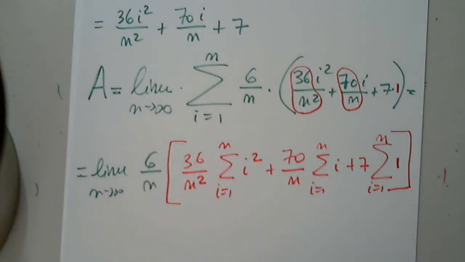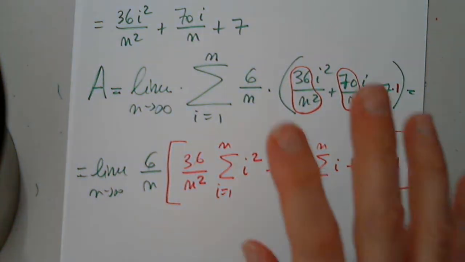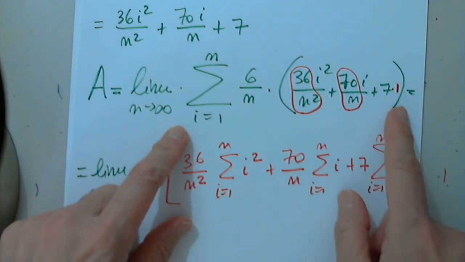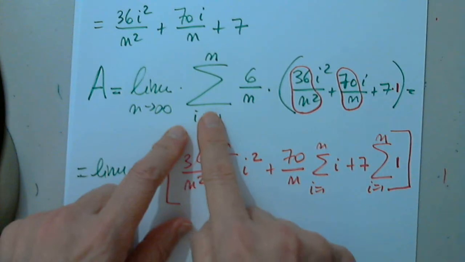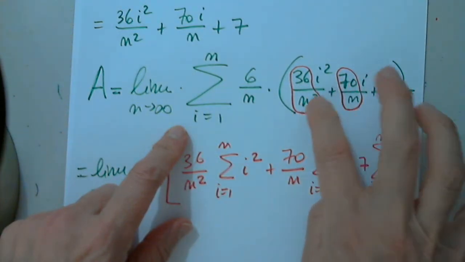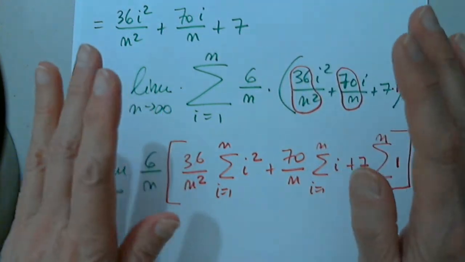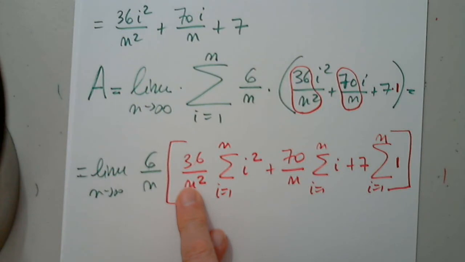So let's stop for a moment and let me explain this step one more time. This is in front. And now I have one of the properties, the sum of a_i plus b_i plus c_i is the sum of a_i plus the sum of b_i plus the sum of c_i. Those are three generic terms. But when I apply the sum here, just to try to cut back on writing, I see that this is a constant that goes in front.